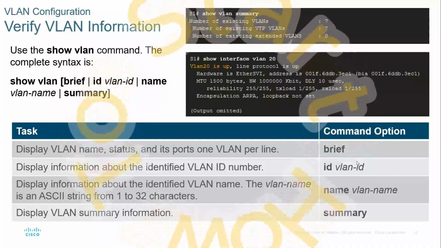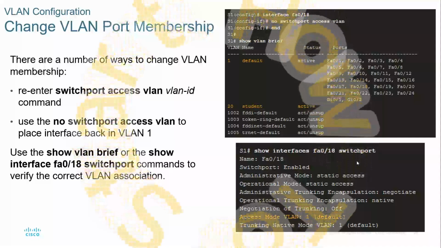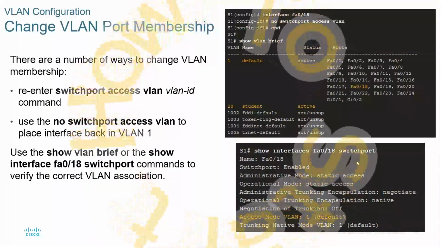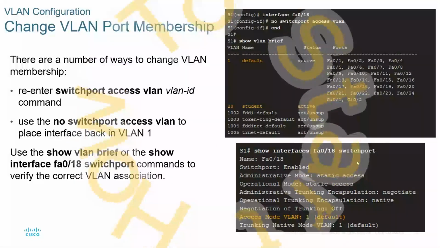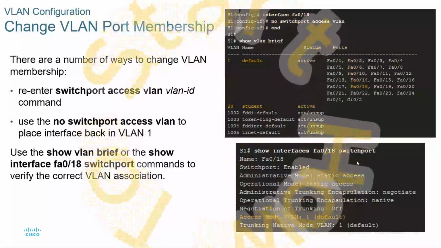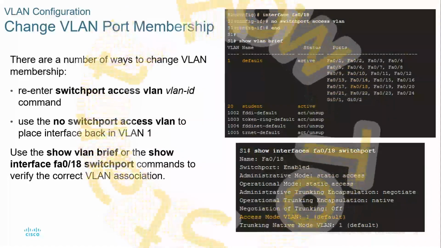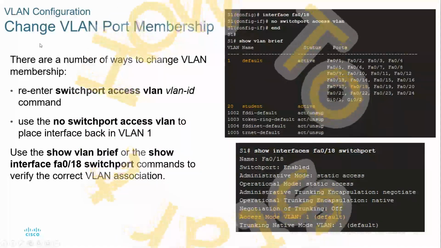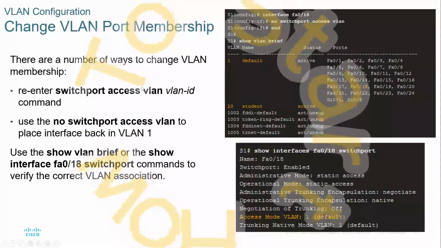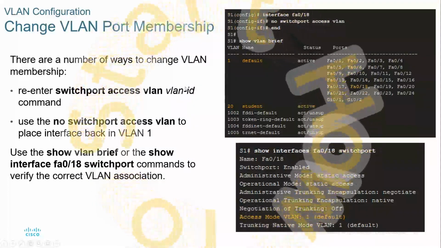So how do we change membership? Again, that switchport access vlan, that is how we change the VLAN membership. That is saying we're going to take this out of our default, our native VLAN, and we're going to move it to a separate VLAN. So there are a number of ways to do the VLANs. You could do a switchport access vlan 20, for example, and that will change it to VLAN 20.